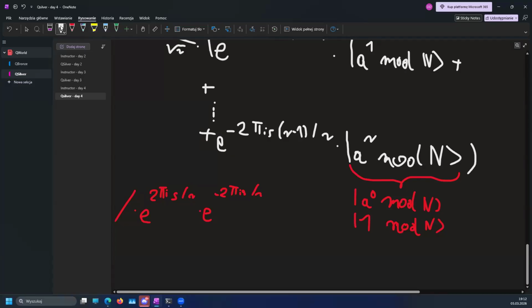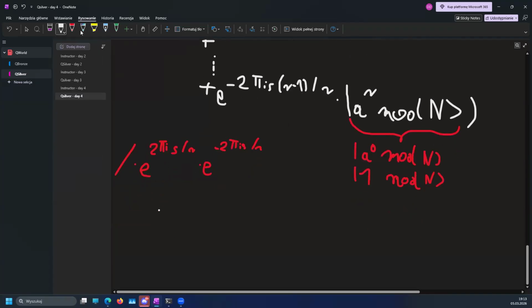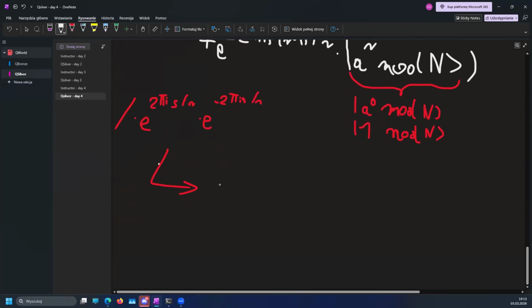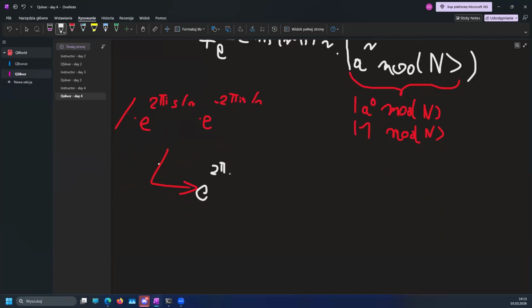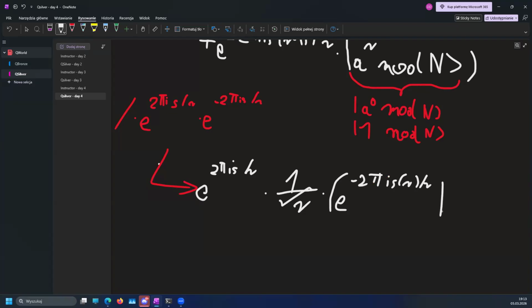Yes, but expressing this in that way makes it obvious that we will obtain here e to the power of 2 pi i times s divided by r, and then this equals the superposition, so r, and then inside the parentheses we have e to the power of minus 2 pi i s times r divided by r, and the 0th power remainder of n.